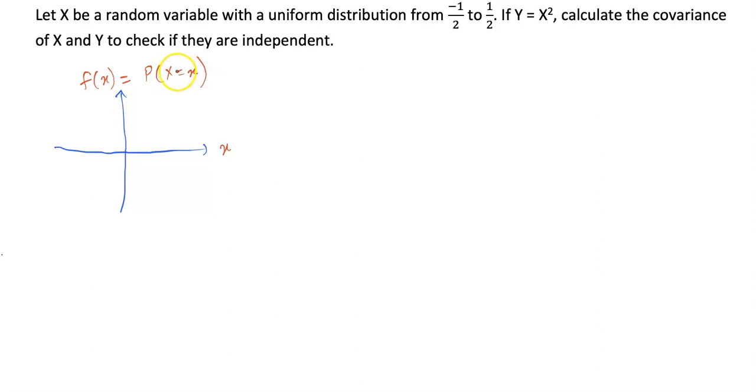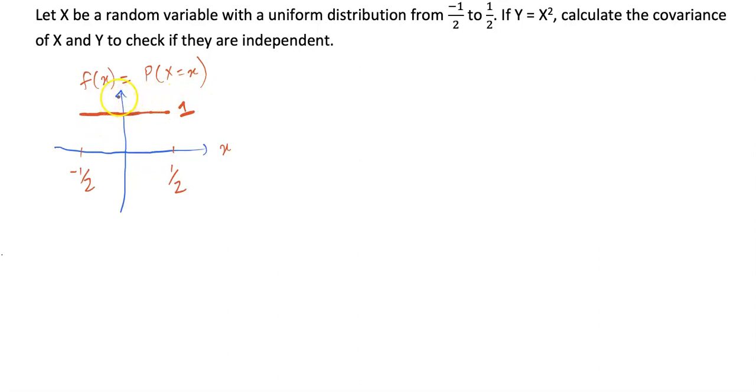It's the probability density of the random variable x taking the value small x, and x takes values from -half to half. Because it's a uniform distribution, the probability density is the same everywhere, and we know that the area under the distribution has to be 1, which means the value of f of x would be 1 for all values of x.